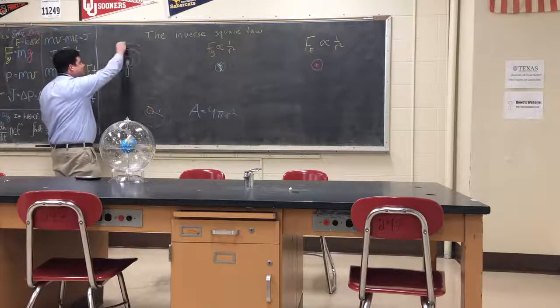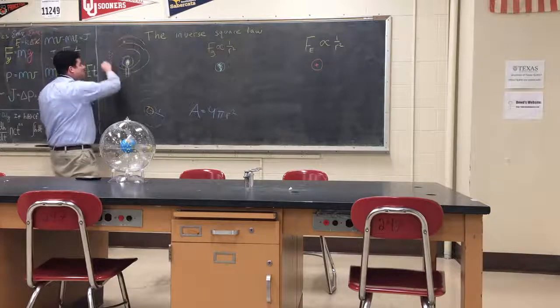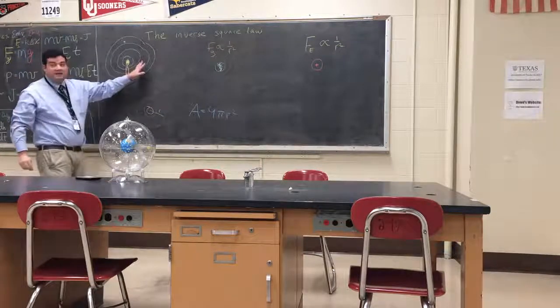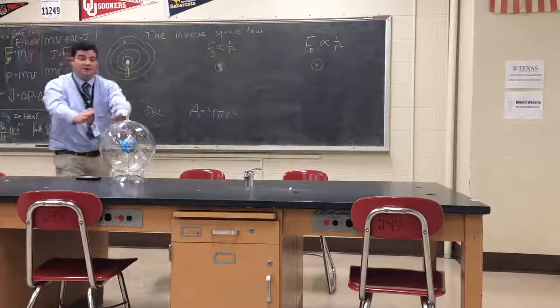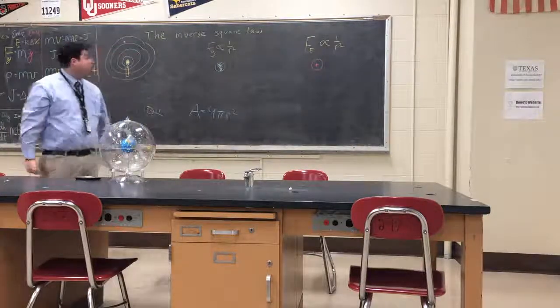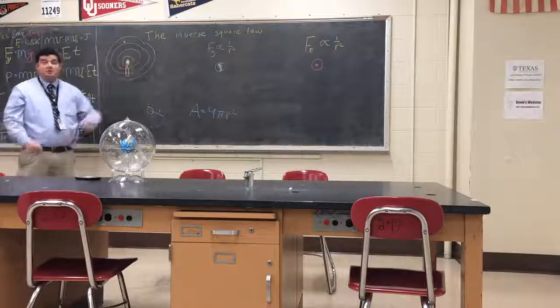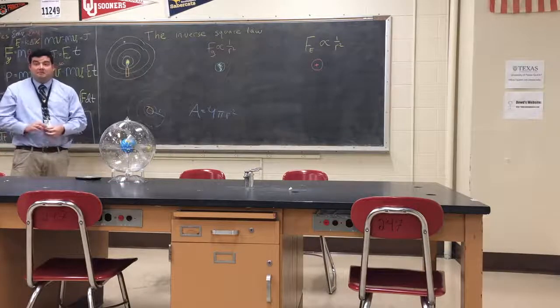As we get to larger and larger radiuses, it's spreading out over larger and larger surface areas. Again, surface areas that look like this sphere. And that means each location appears to be getting a dimmer light. So let's test that.